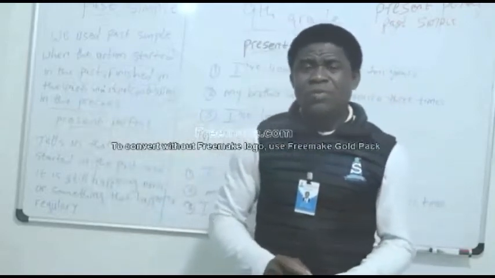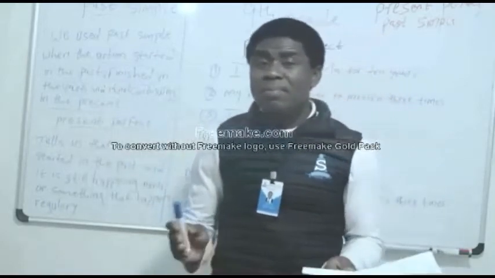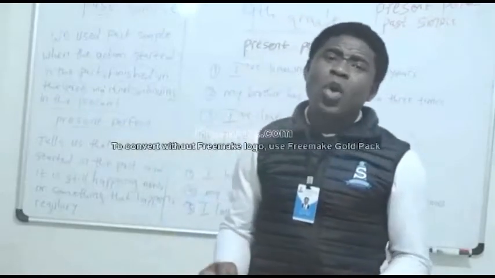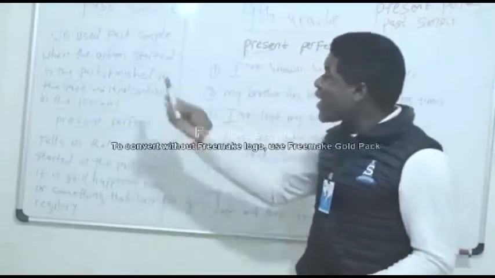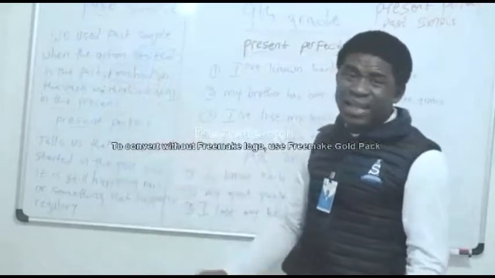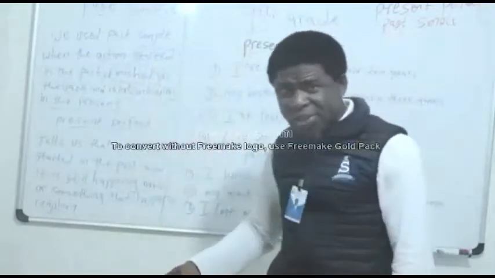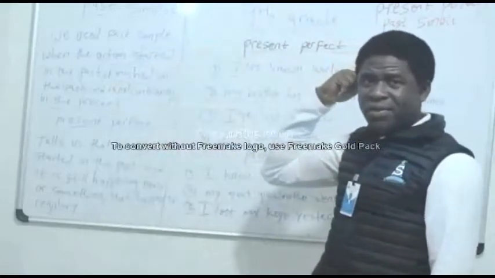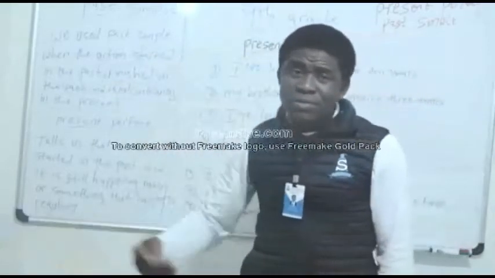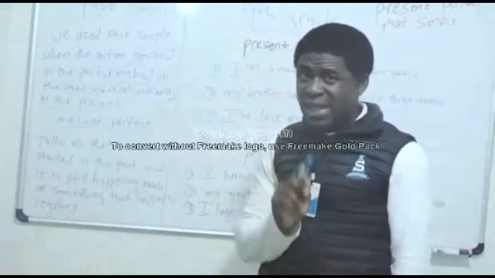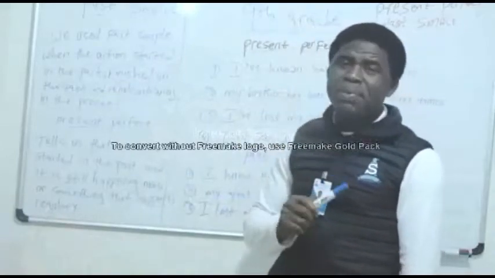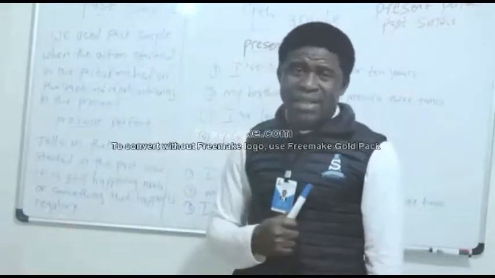In other words, when we talk about past simple, we are talking about an action that started at the past, it finished at the past, and is not coming to the present. That is past simple. I repeat again.